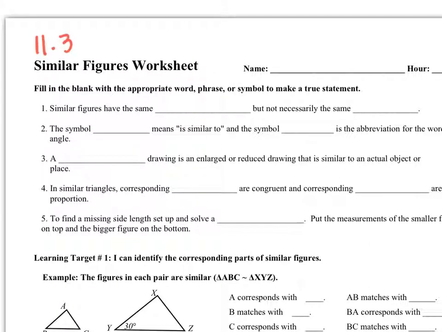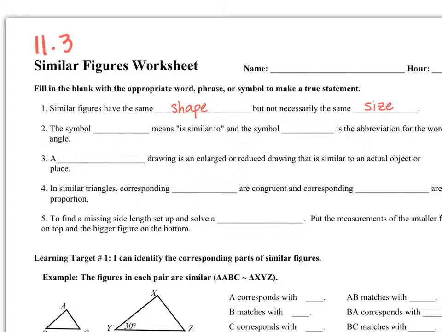So let's fill in some of these sentences with vocabulary words that you're going to come across in this lesson. So similar figures, like similar triangles or similar quadrilaterals or whatever the figures may be, they have the same shape, but not necessarily the same size.